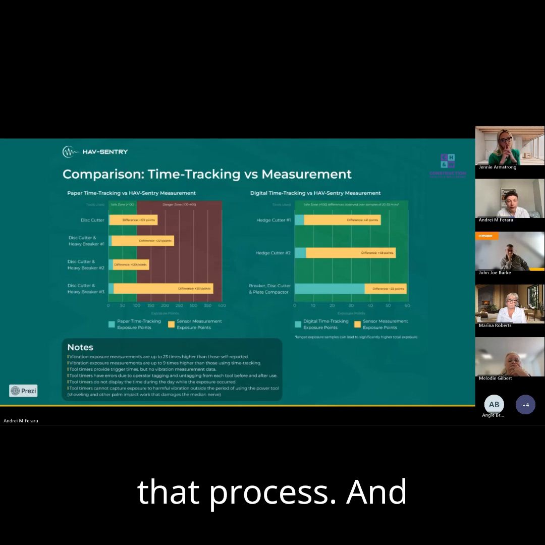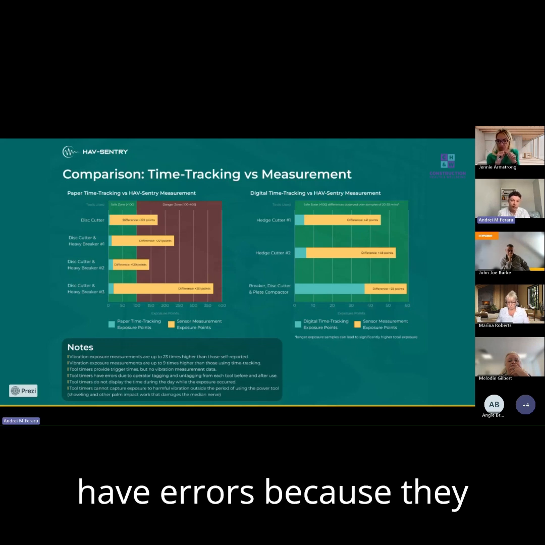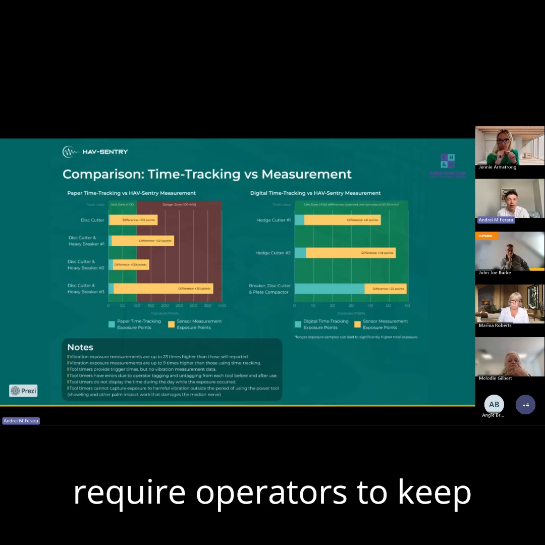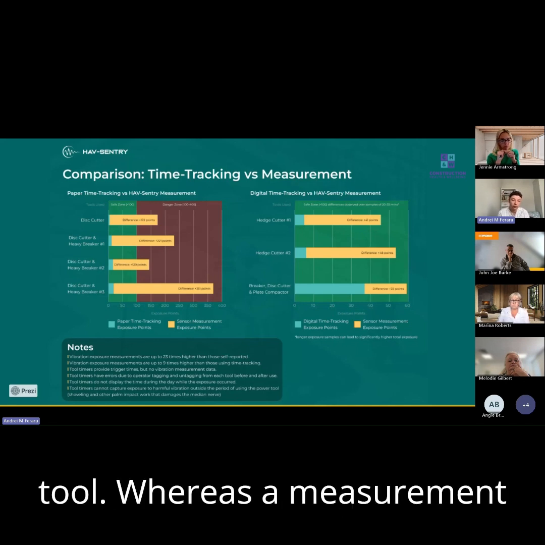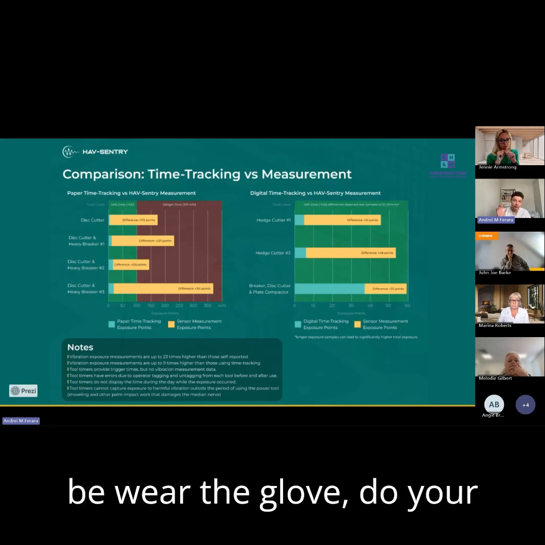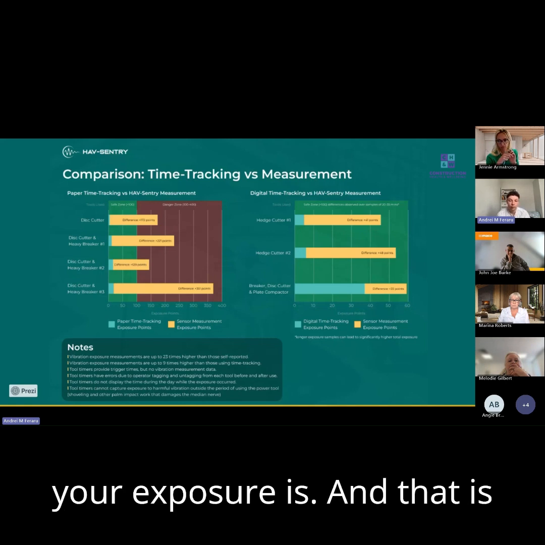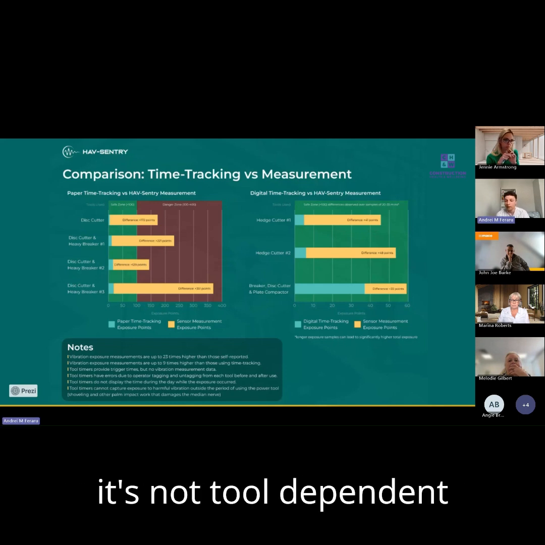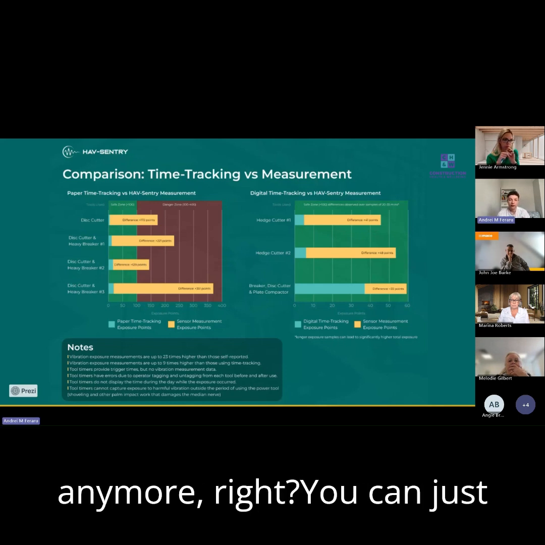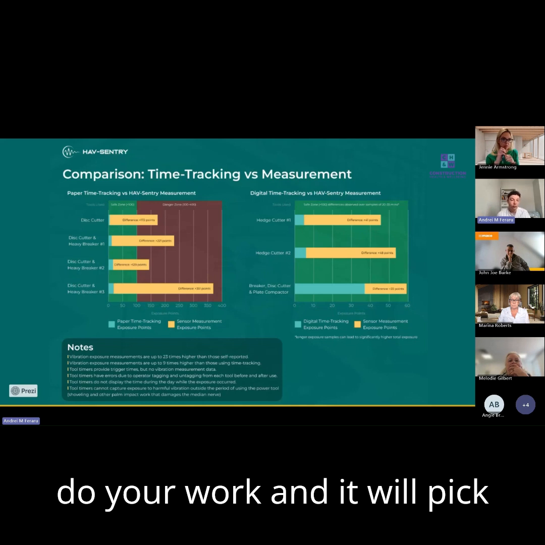And tool timers have errors because they require operators to keep tagging or untagging from the tool, whereas a measurement with HAVS Sentry would just be wear the glove, do your work, and come back and we'll see what the exposure is. And that is groundbreaking, because now it's not tool dependent anymore, right? You can just do your work and it will pick up everything.